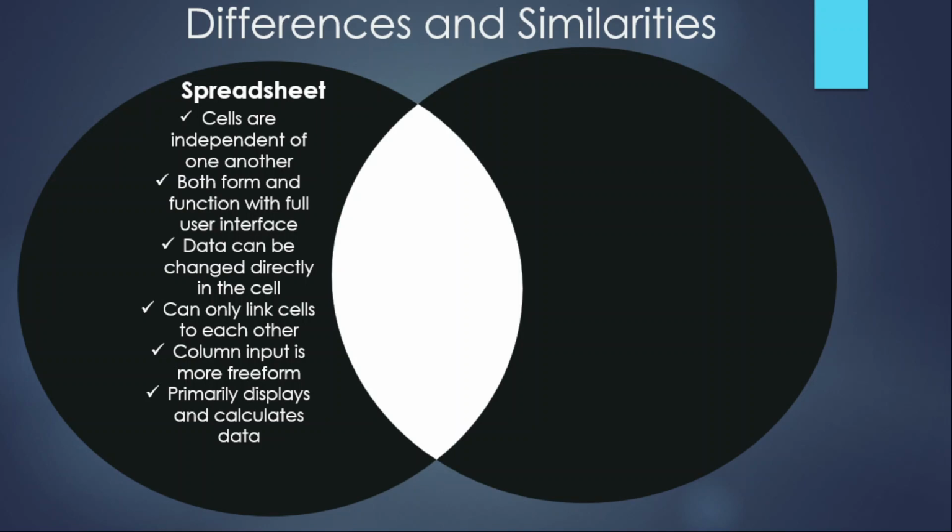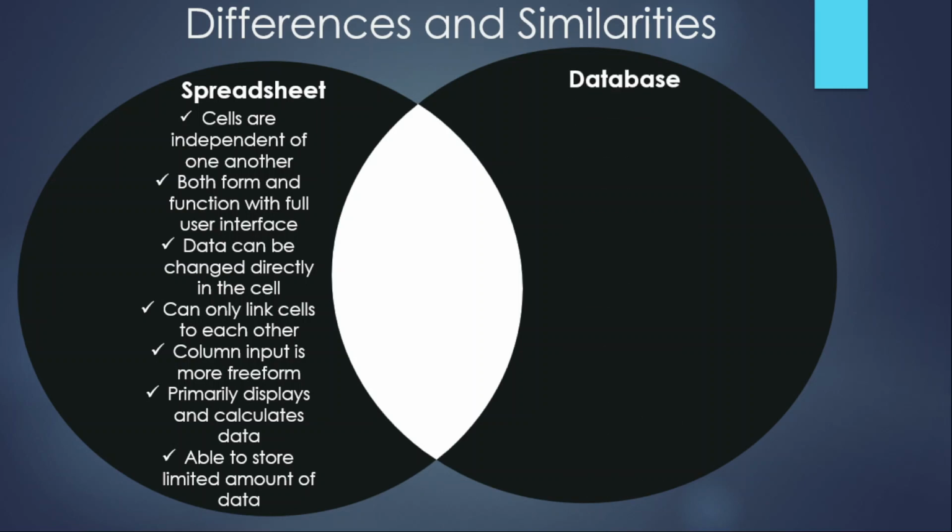It displays calculation data primarily. It's able to store a limited amount of data. As much as we said it stores quite large amounts, if you compare it with a database, you find that the database is usually unlimited. So basically these are the fundamental differences with respect to a database.